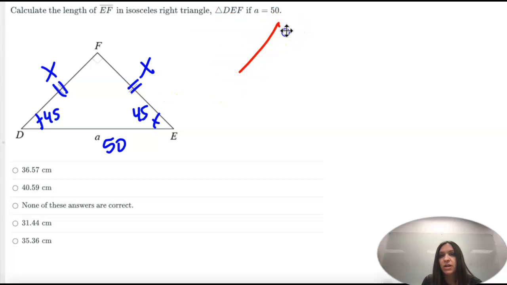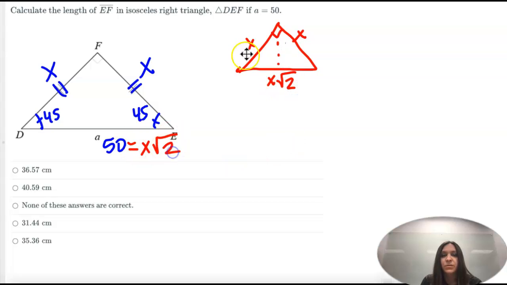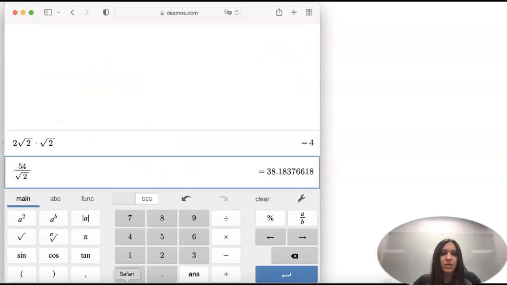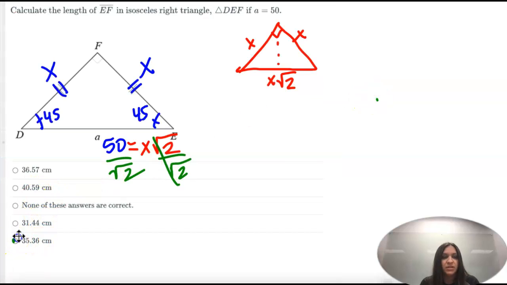Our general triangle shows that if these are x, the hypotenuse is x times the square root of 2. So now I can solve for x. I'm going to divide both sides by square root of 2. So 50 divided by square root of 2 is 35.36.